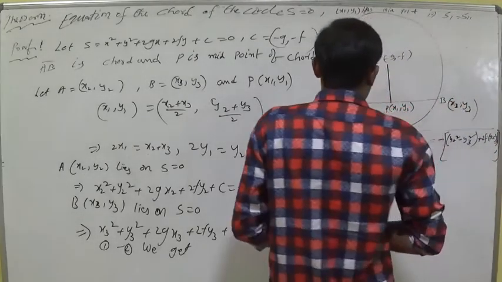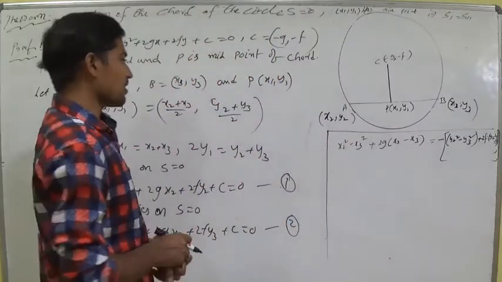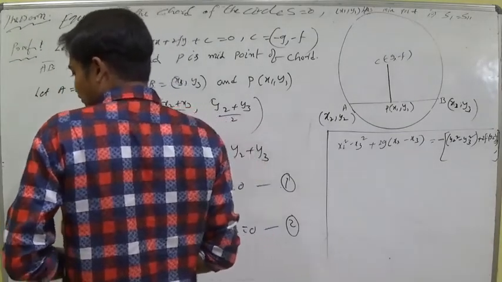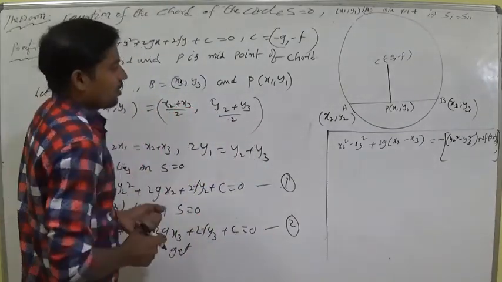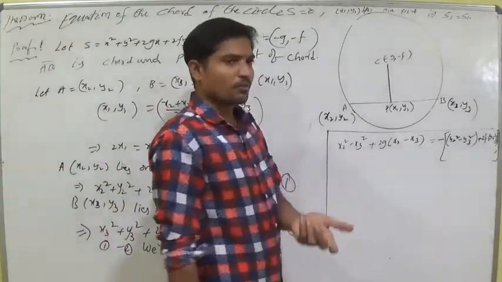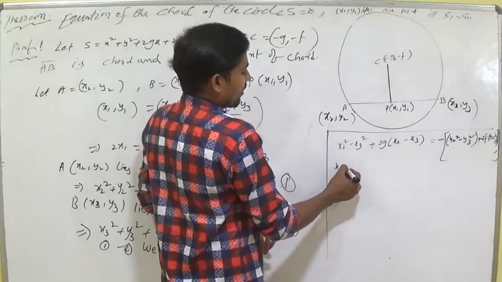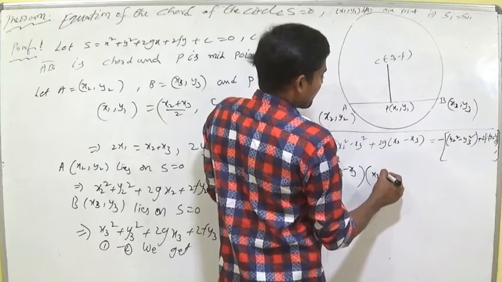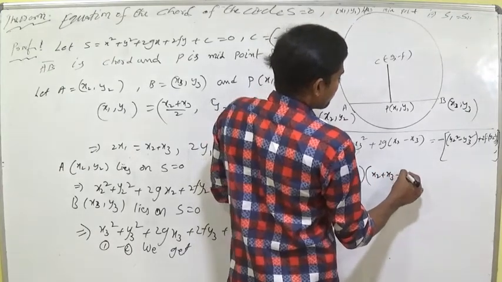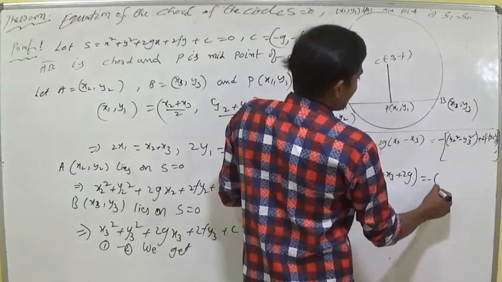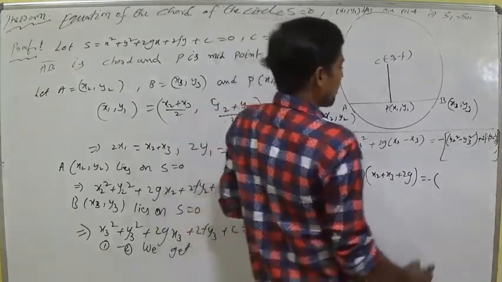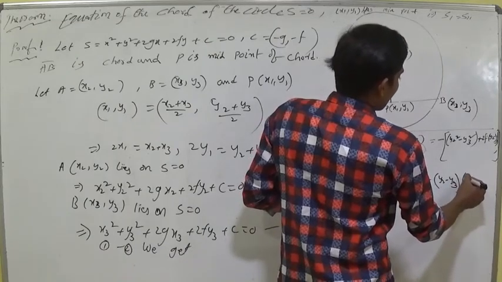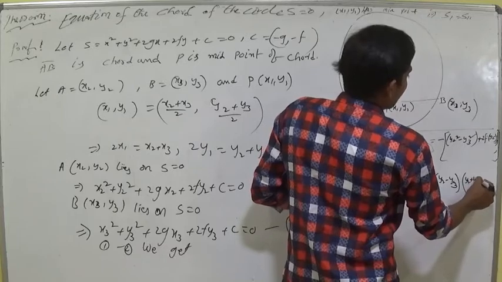Now x2 minus x3 is common, which will be written as a square minus b square. That's why (x2 minus x3)(x2 plus x3 plus 2g) equal to minus of (y2 minus y3) common here, then (y2 plus y3 plus 2f).